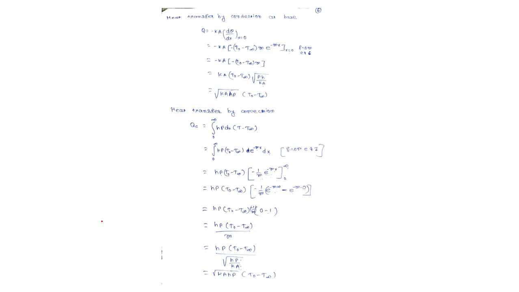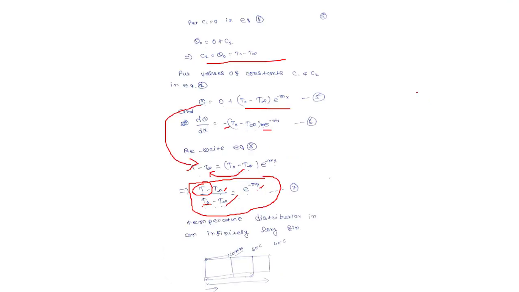In which we also find the heat conduction. Q, we know the equation of Q is minus kA dT/dx. For that we put dθ/dx at x equal to 0, as we are considering the base. We also derived this equation, dθ/dx, as equation number 6: dθ/dx is equal to minus (T0 − T∞) m e raised to minus mx.